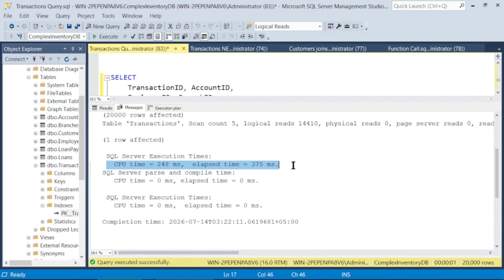Statistics time shows CPU time and elapsed time. CPU time is the amount of processor time used. Elapsed time is the total time the query took from start to finish. These numbers are excellent for comparing performance before and after optimization.